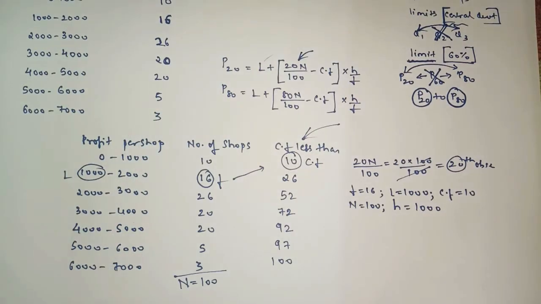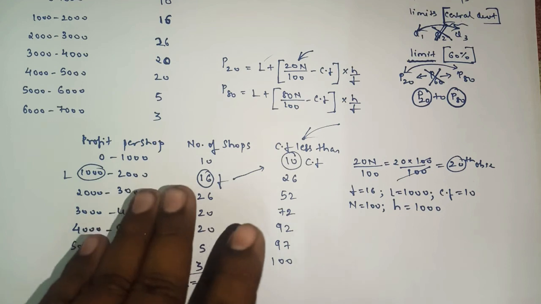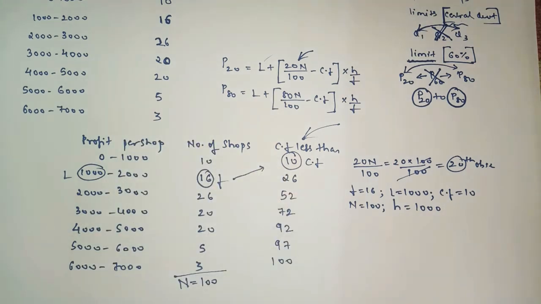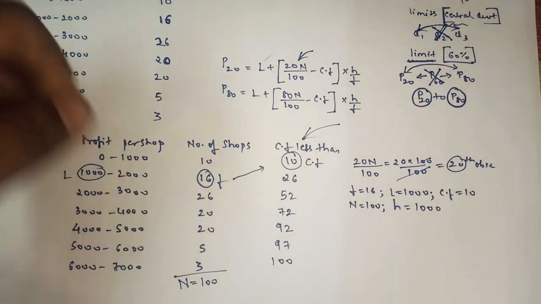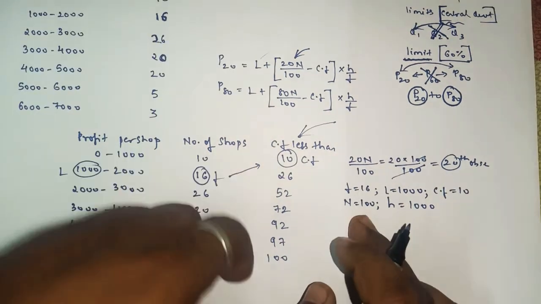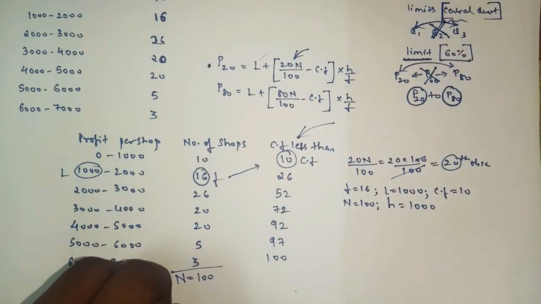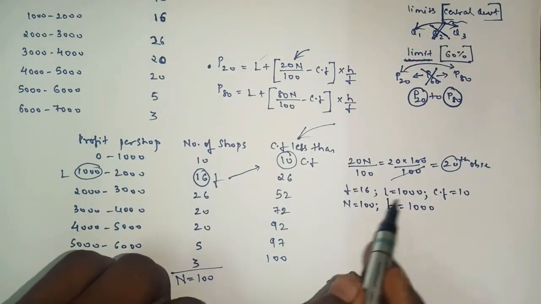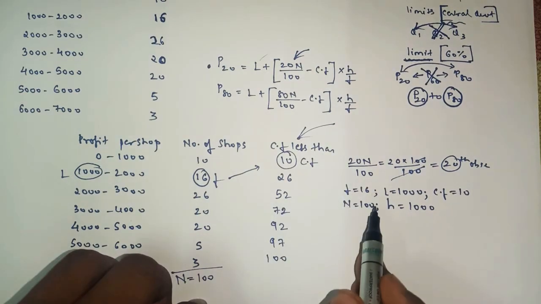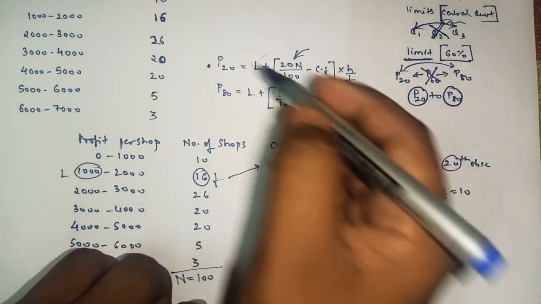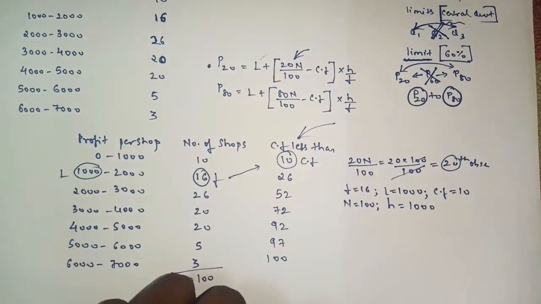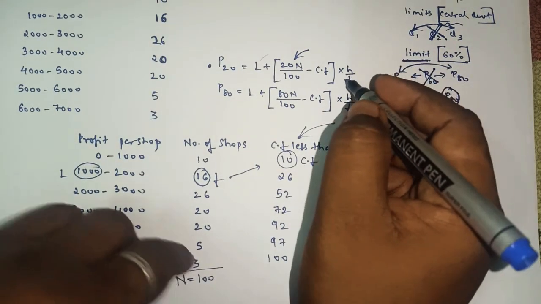Without making the class continuous, we cannot find our answer. If you keep the class as it is, uncontinuous, and find the answer, of course the final answer will be different. So here we got all the values to find P20: L, N, CF, H and F. I hope the remaining part, the substitution part and the cancellation part, you can solve by yourself.